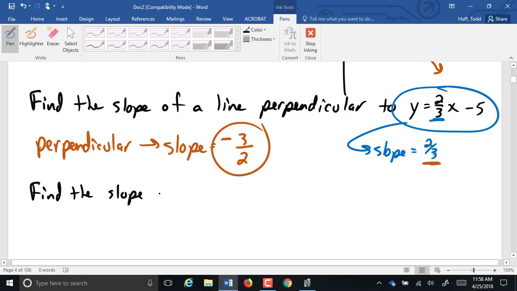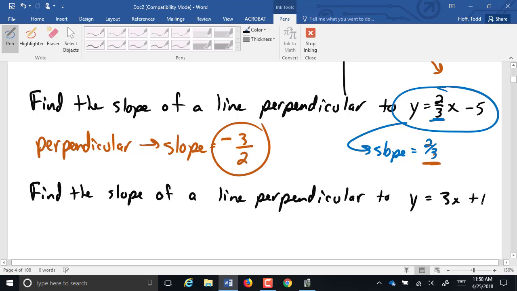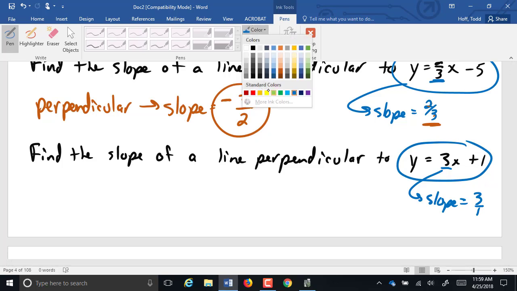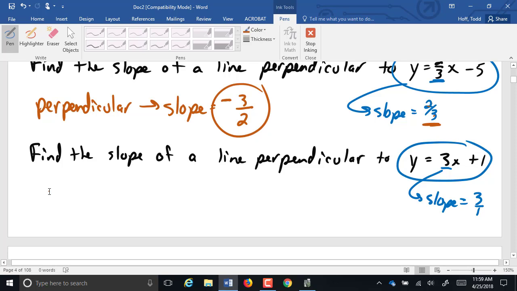Likewise, I could ask you to find the slope of a line perpendicular to y equals 3x plus 1. Again, all I need out of here is the slope. That slope is the number that multiplies x. That's a slope of 3. Now to graph it, we always made that 3/1. So we rise 3 and run 1. Putting it in that form is helpful for finding the perpendicular.